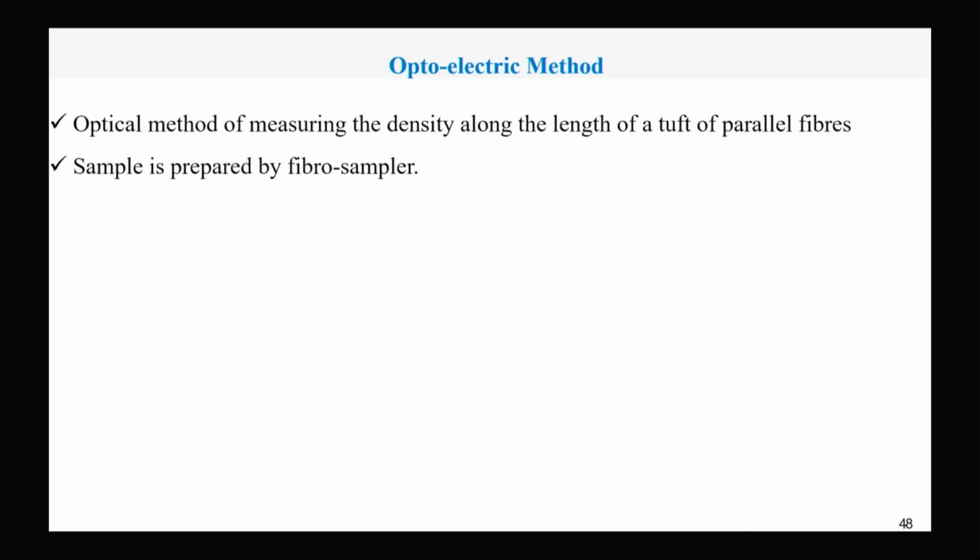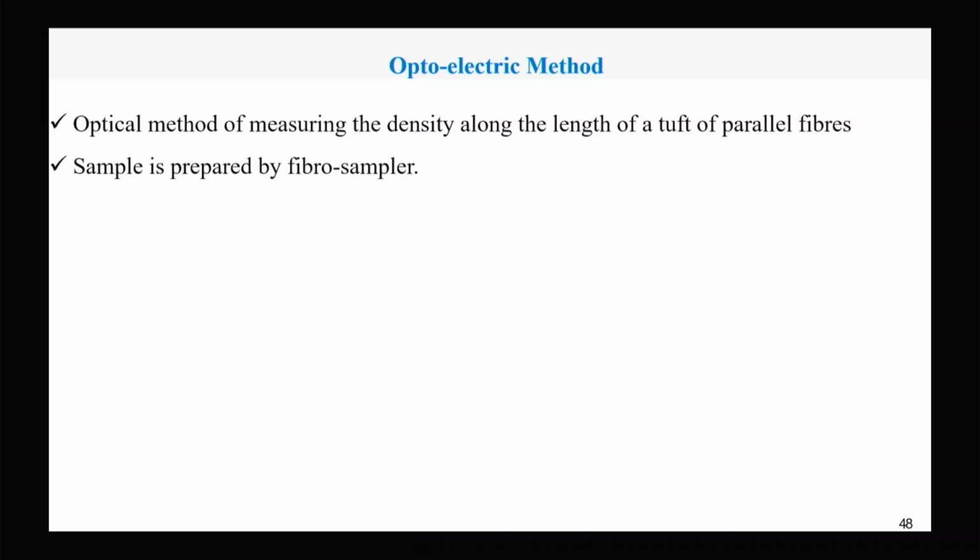The principle of the fibro sampler is that we take the fiber and press against an opening, then through the clamp we clamp the fibers in this fashion.